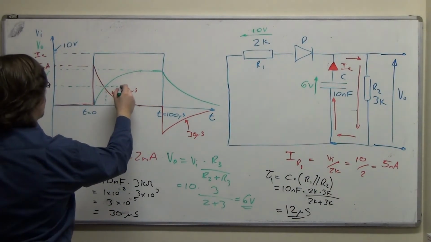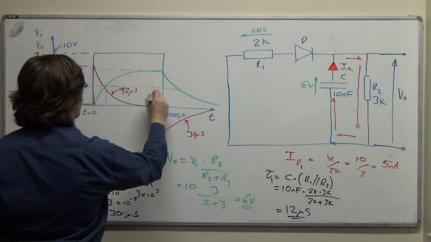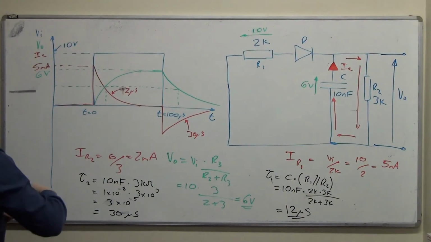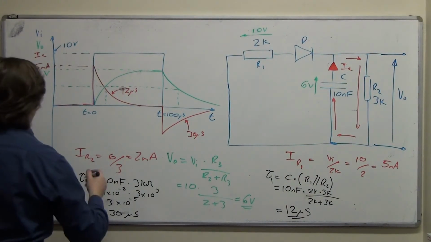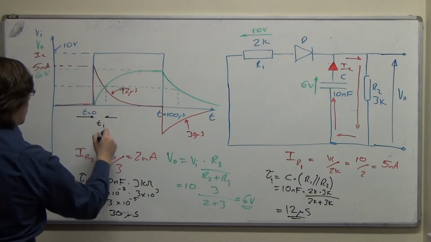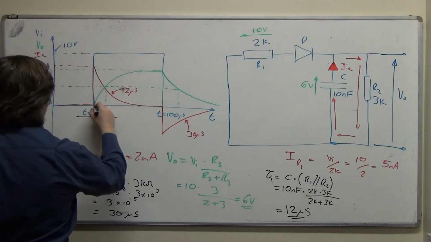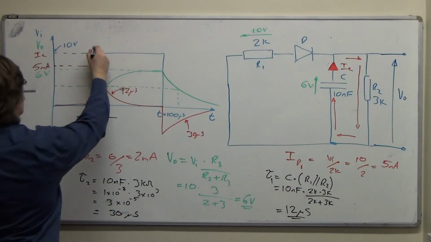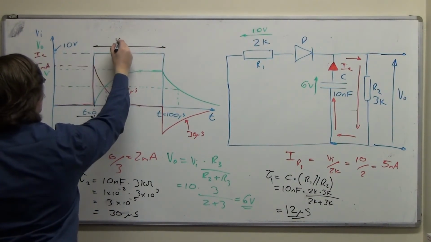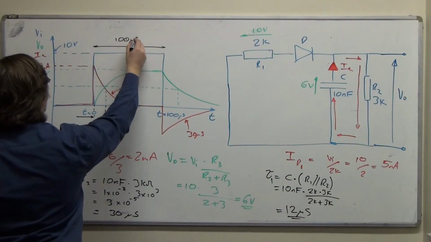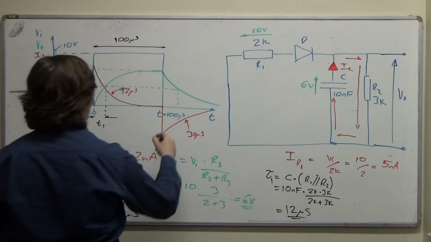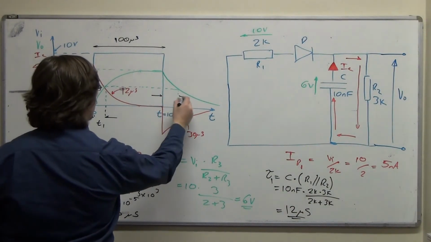As with the prior problems, there are 3 times involved. There's this time here, T1, there's the 100 microseconds, and there's the T2, which is this time here.